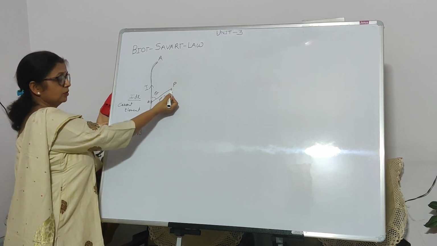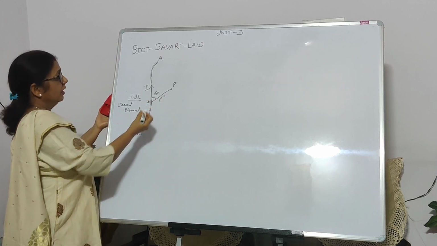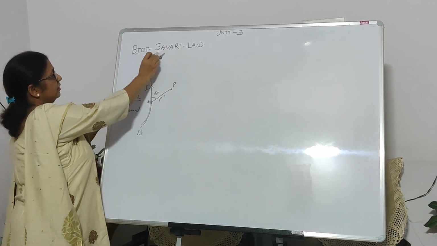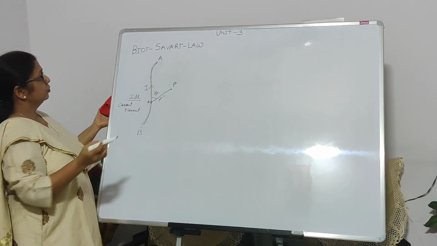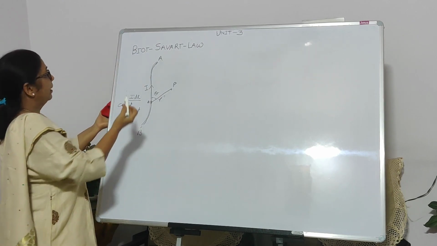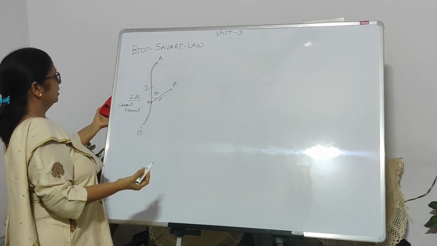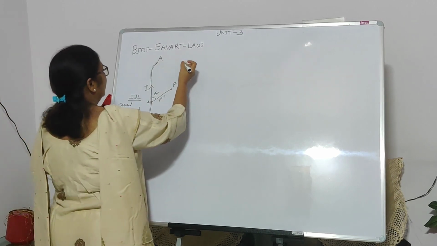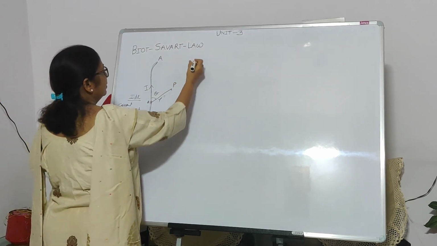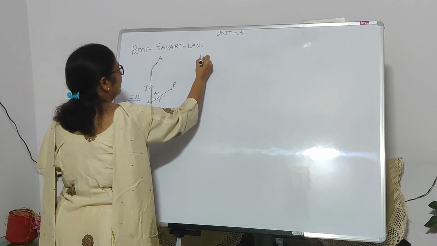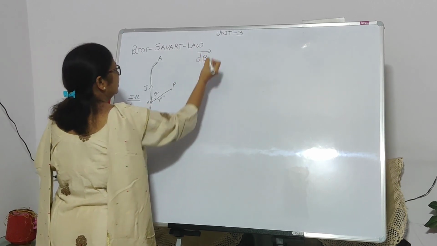According to Biot-Savart, the two scientists who gave this law, the magnetic field is denoted by dB. Why is it dB?